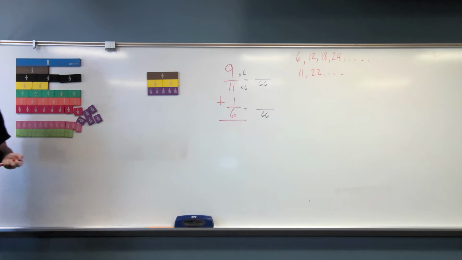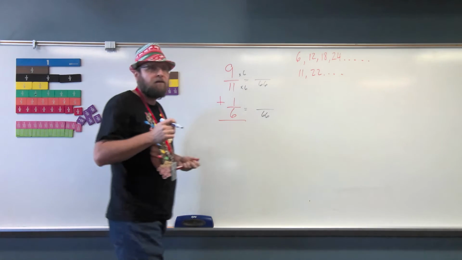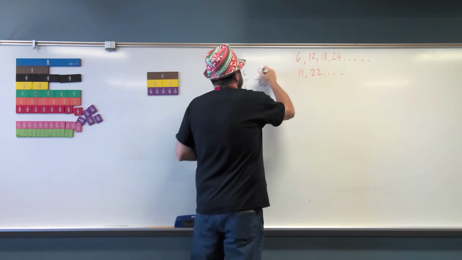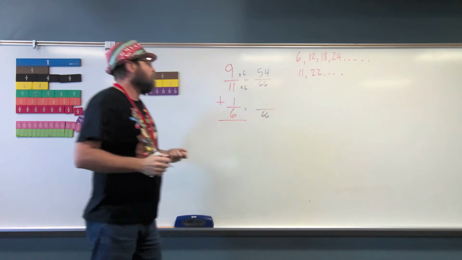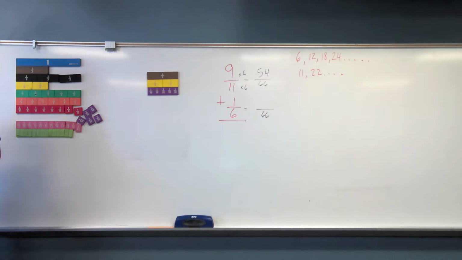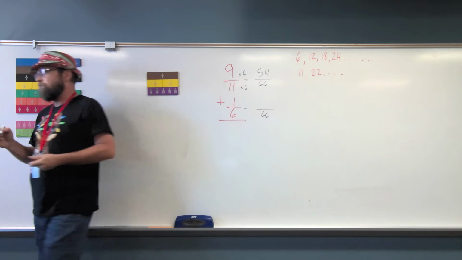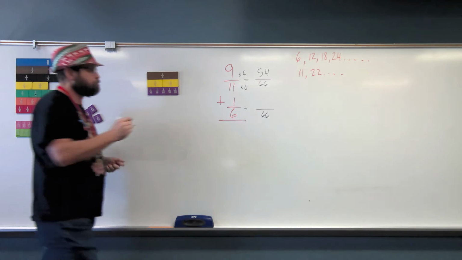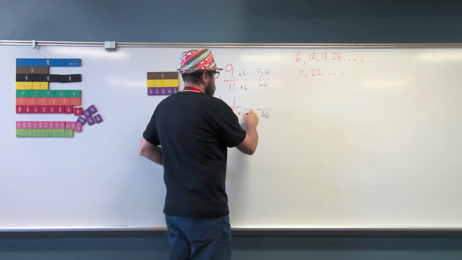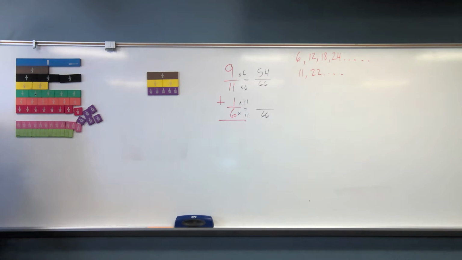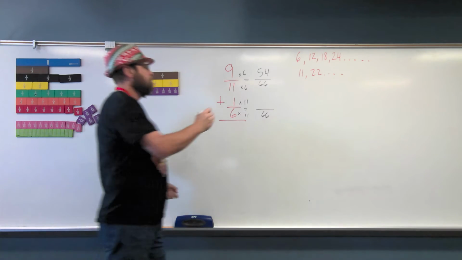And so what is 9 times 6? 54. And I have to multiply my second add-in. 6 times what equals 66? 11. And 1 times 11 is? 11.